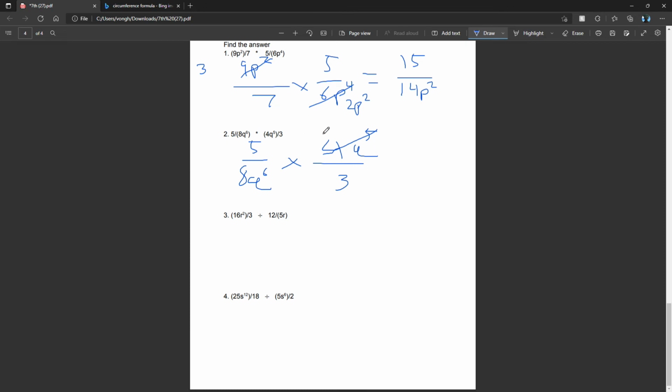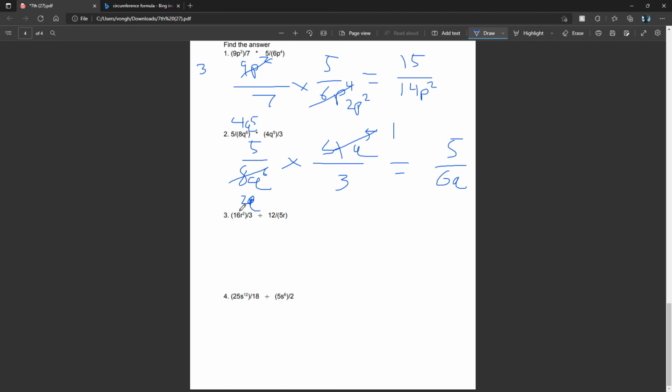So if we divide both of them by 4q to the 5th, 4q to the 5th divided by 4q to the 5th is just 1. 8q to the 6th power divided by 4q to the 5th would just be 2q. And we just multiply them, so 5 times 1 is 5. 2q times 3, that's 6q.